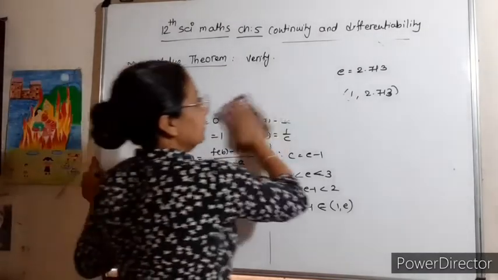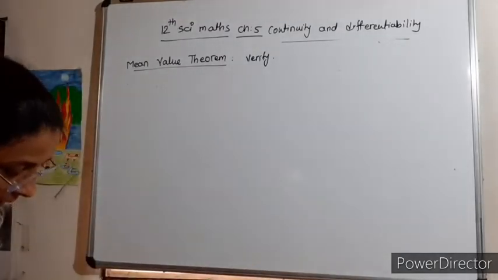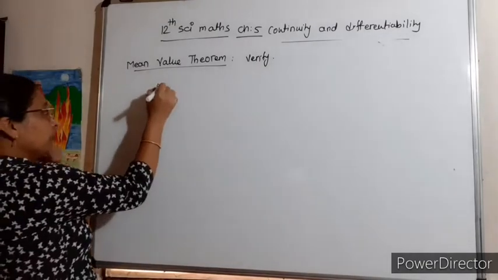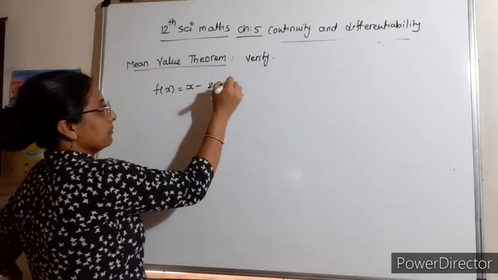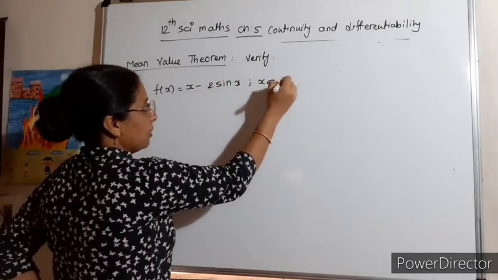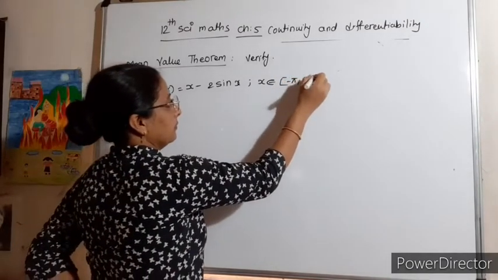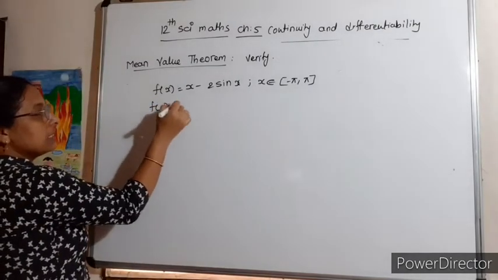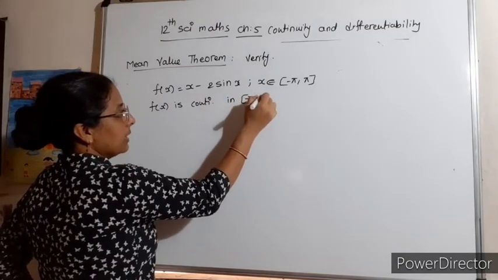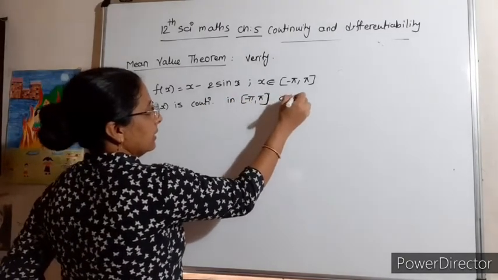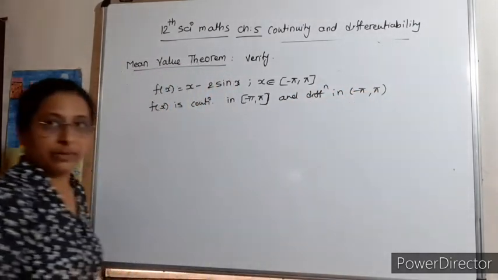Okay. Then the next sum is verify the mean value theorem for f(x) is equal to x minus 2 sin x, where x belongs to, here it is given, minus pi to pi. Okay, so we can say that f(x) is continuous in the closed interval minus pi to pi and differentiable in the open interval minus pi to pi, right?